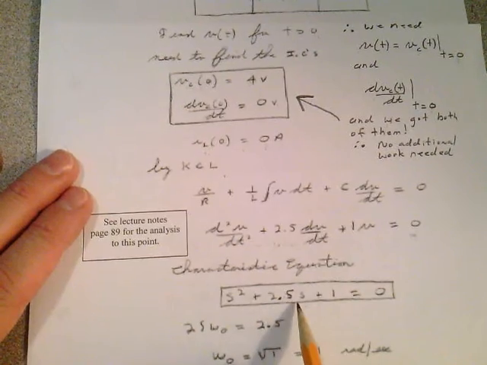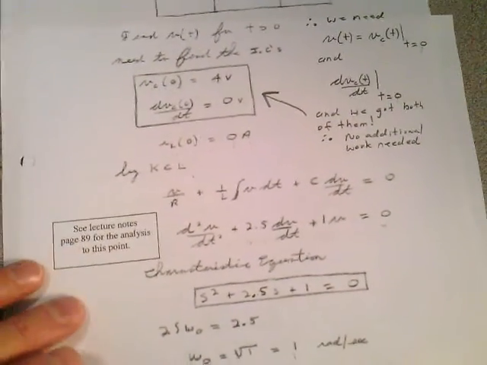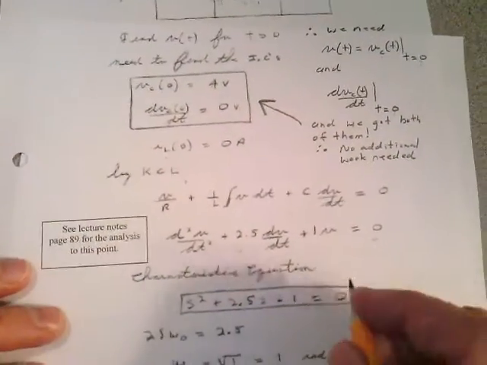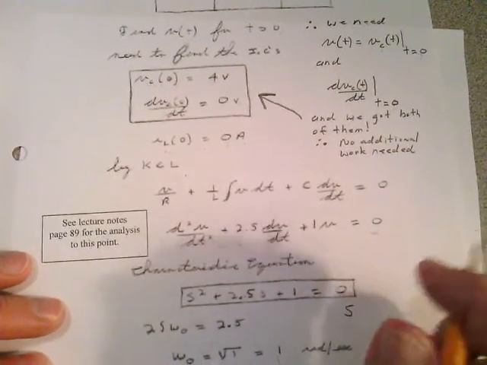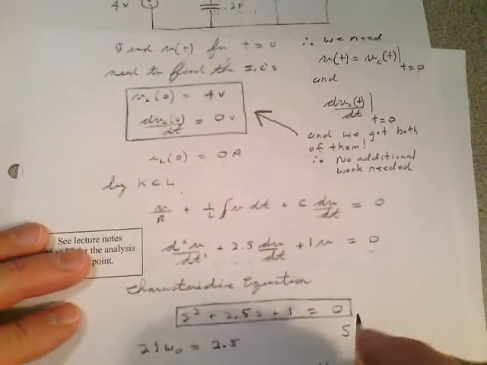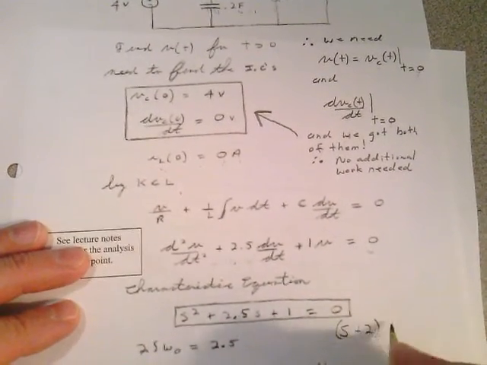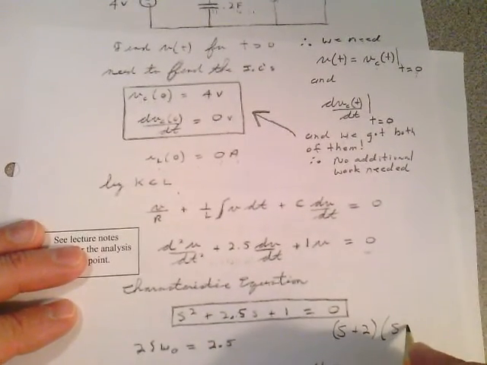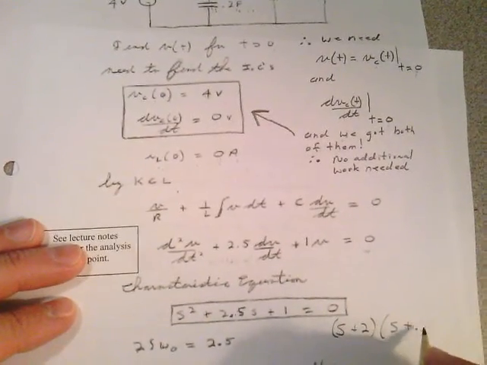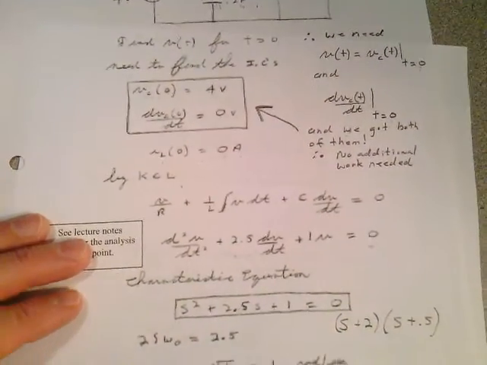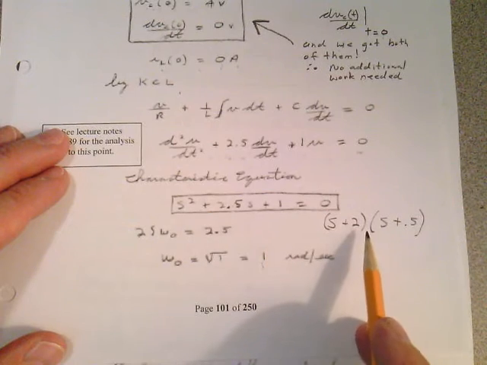Sometimes you can do that. Can everybody factor that equation right there and see that it is s plus 2 times s plus 0.5? So I just factored that equation.